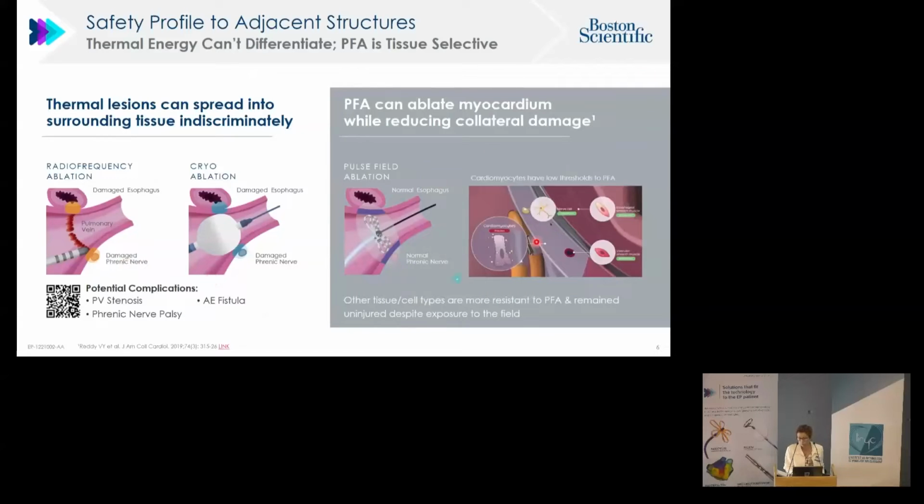On the electroporation side, of course, these structures will be surrounded by the electrical field, as this field doesn't stop, but they will be unaltered by the field.